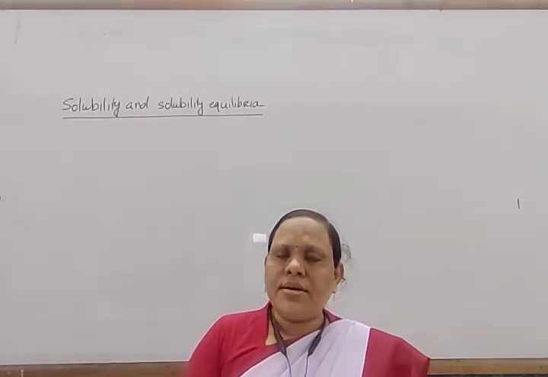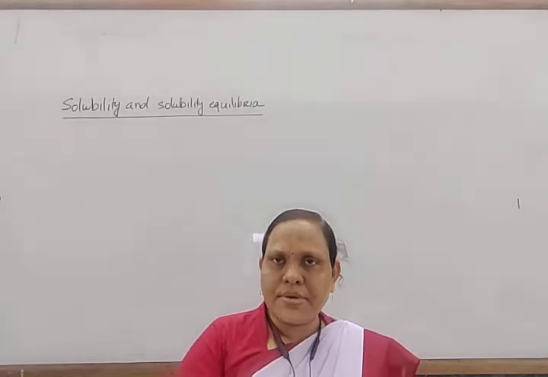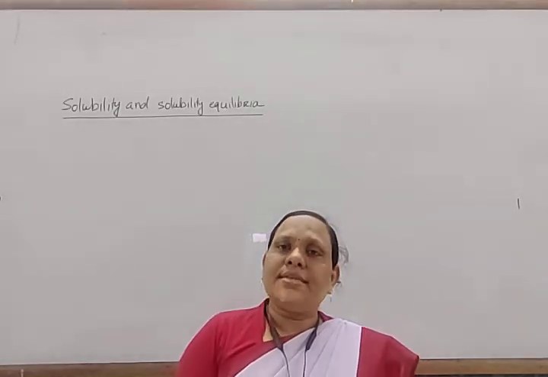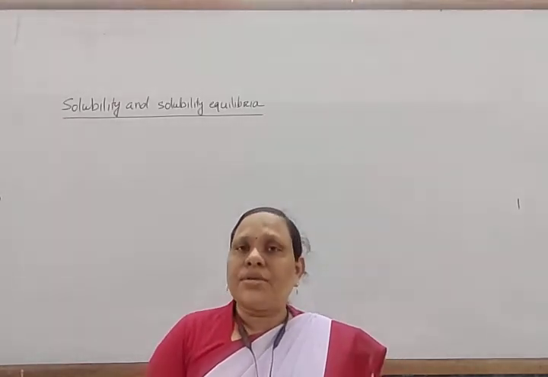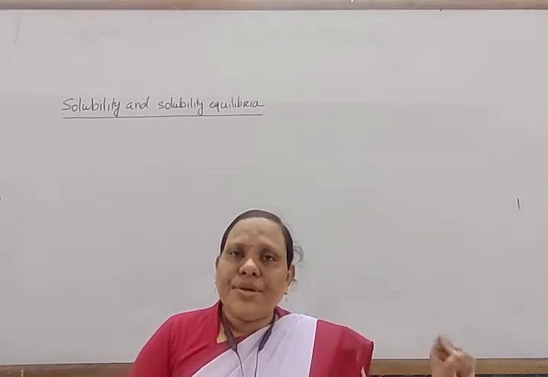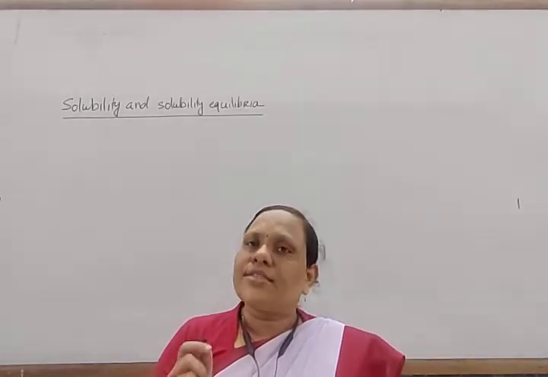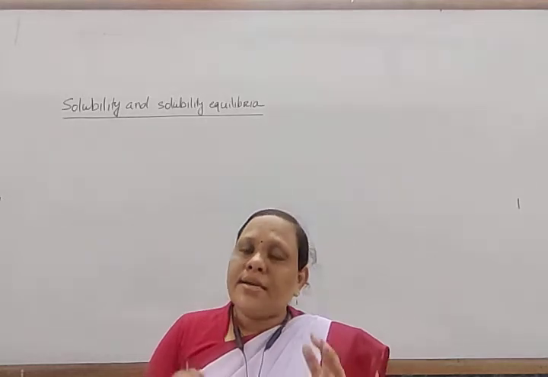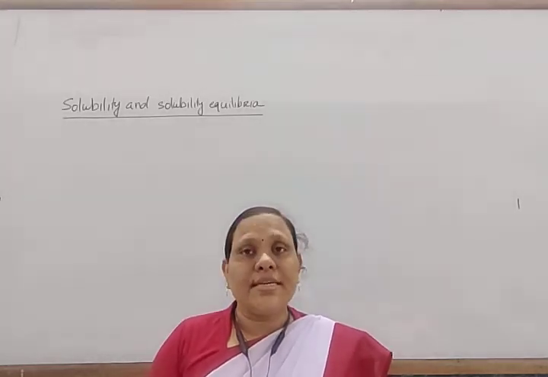phase. But here, in the solubility chapter, we are generally concerned with a solution where the solute is solid and the solvent is liquid. And the liquid solvent is also generally taken as water.